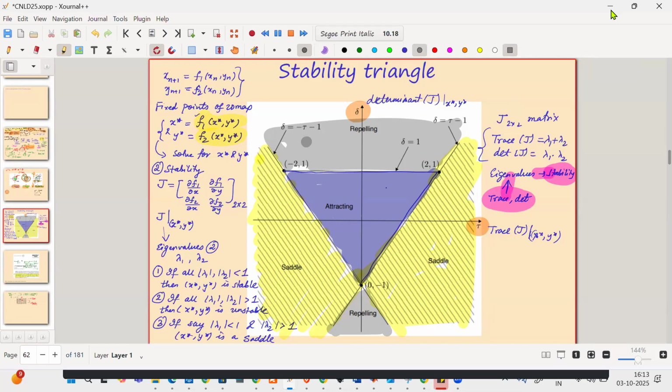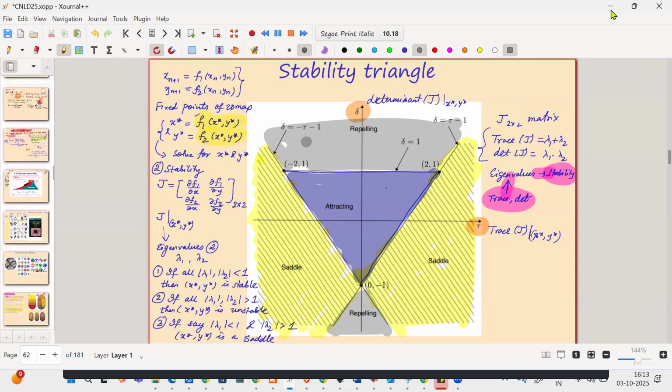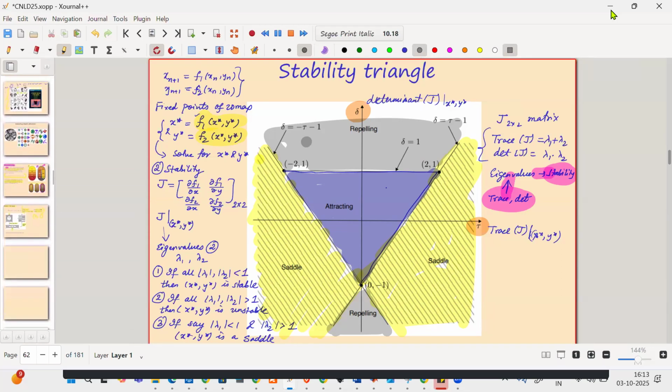So this is all about 2D maps, more than enough of what you should know. Maybe next class we can discuss other concepts and take it from there. But it is quite interesting.